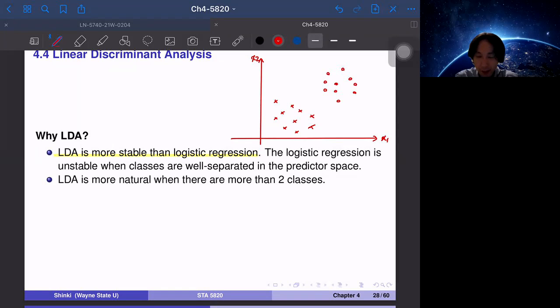Logistic regression basically makes a straight line between them and thinks about the score, the linear combination of x1 and x2. So we consider the score along this vertical line, then we fit the probability, so we have this kind of probability curve.